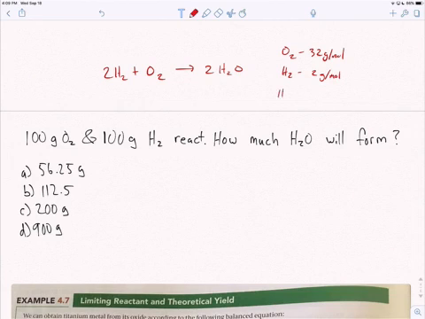And water is 18 grams per mole. So how do you start? You're going to start with 100 grams O2, 100 grams H2. And you'll just keep on creeping down till you get to grams of water.